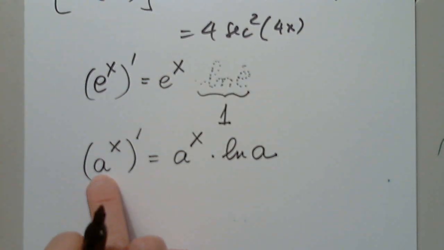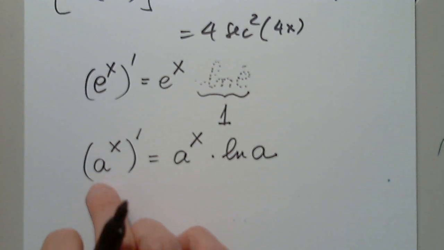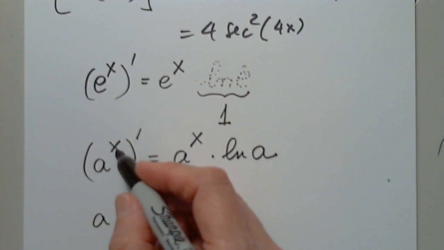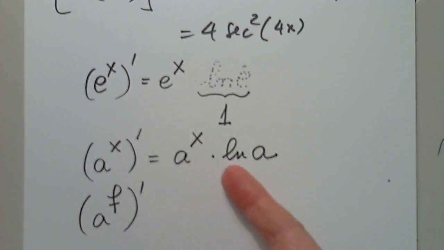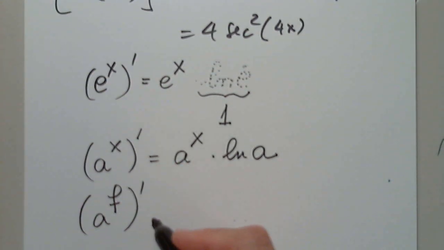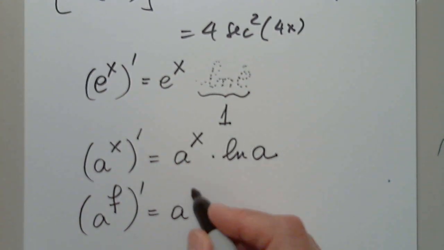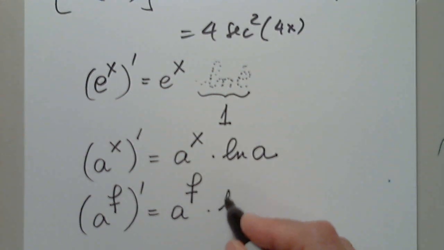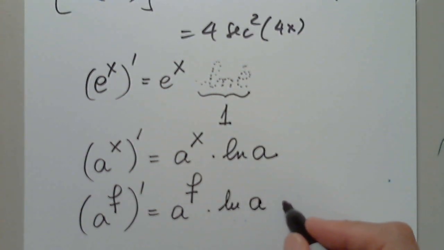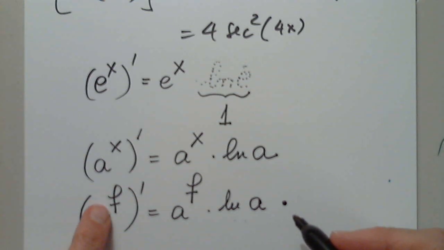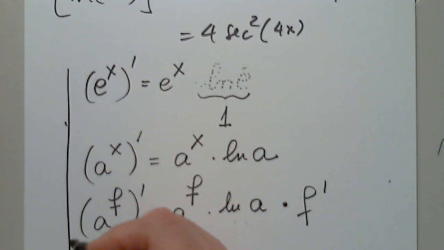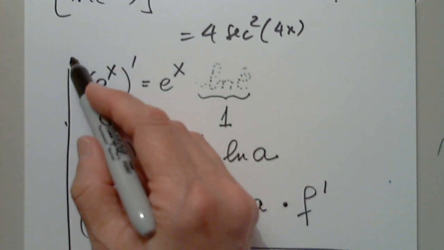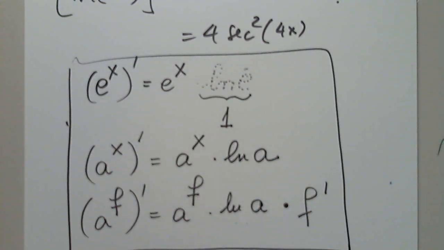If this has base a, but the power is a function, we have the whole thing, but times what? A to the function times natural log of a times f prime. Awesome. So please, for now, these are all formulas we need.